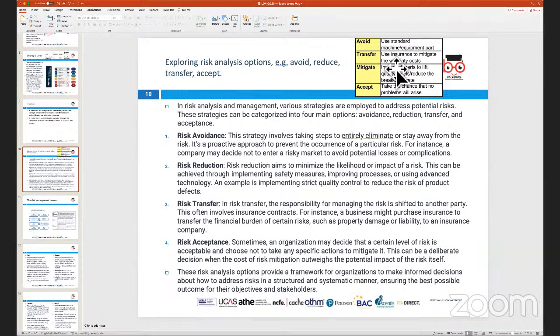Risk reduction tends to be when there is a high likelihood of the risk occurring, and in this case, what they would do is put imminent safety measures, audits, and inspections into place, which are processes essentially allowing risks to be detected. And then the company has processes or puts action into place to be able to manage or control these risks.